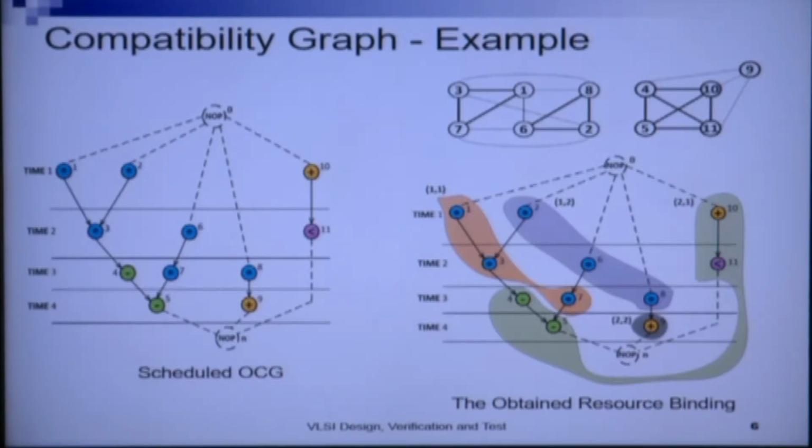Similarly, ALU 1 is used to execute the operations 10, 11, 4 and 5 in 4 different time steps, and operation V9 is given another dedicated ALU for its execution. So, this is an example allocation, and this is the best possible allocation as it turns out.